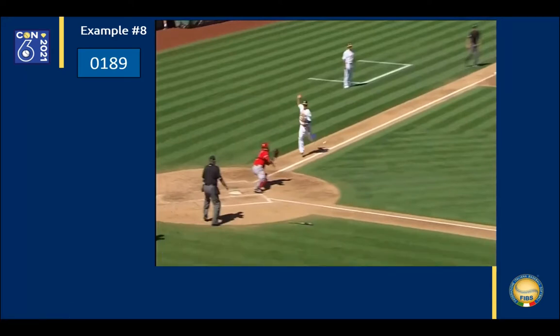So in this case, you see the runner coming from third base towards home plate, and the catcher is standing just in front of home plate. He's not blocking or anything. Please also note the plate umpire's position, a very perfect position to see this play.